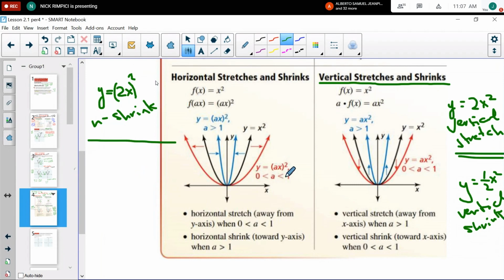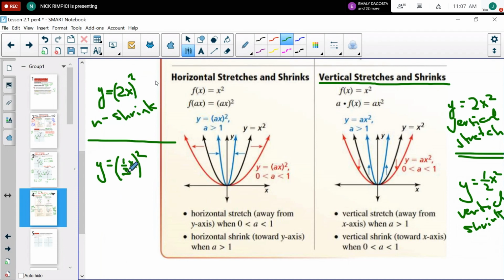What if we want to do a number that's in between 0 and 1 or smaller? How about something like y equals, I don't know, (1/3 x) squared? Okay, that's something that is smaller than 1 and bigger than 0. It's a number that's in between.